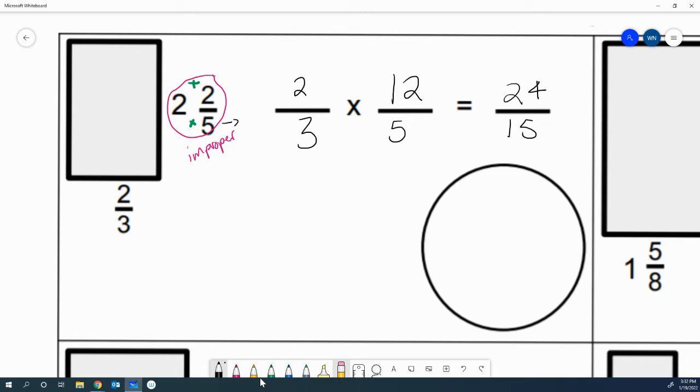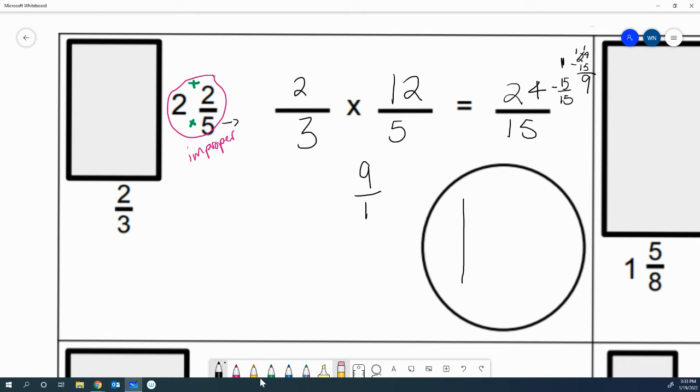So I'm going to say 24/15 minus 15/15. And remember that 15/15 equals 1 whole. So I'm going to say 24 minus 15. I'm going to borrow from my 2, make it a 1, 14, 13, 12, 11, 10, 9. So I know that I pulled out a 1 as my whole number. And I've got 9 left over.